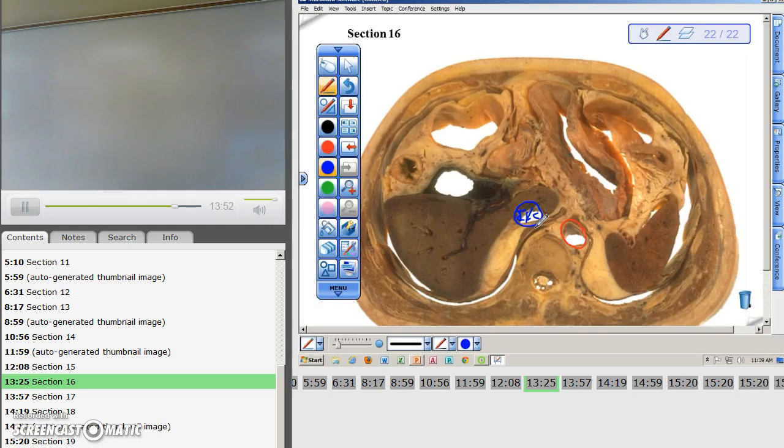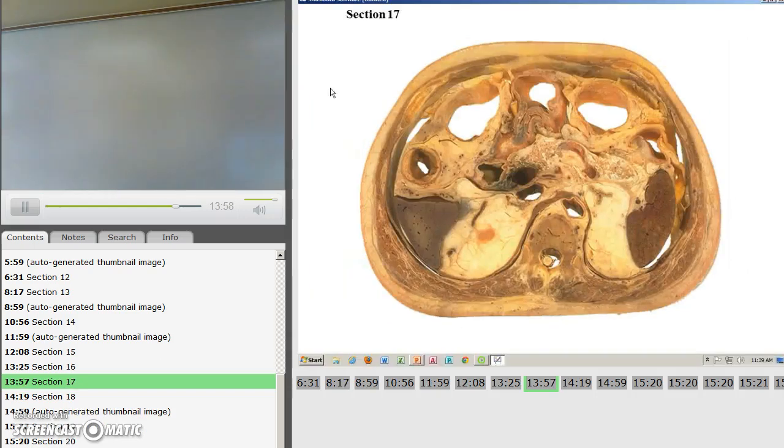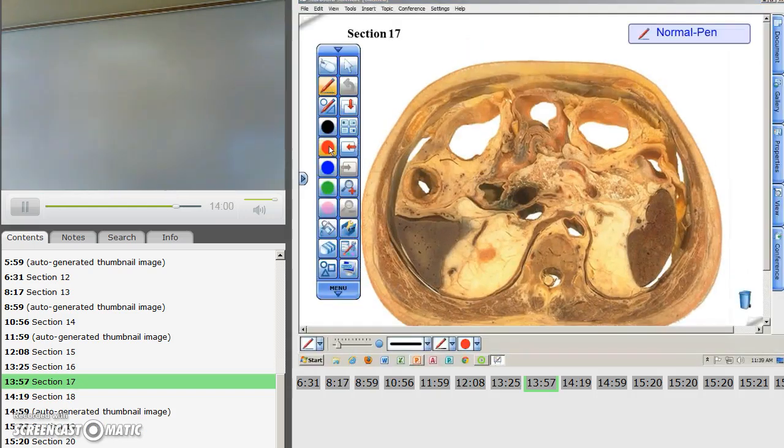Okay. Now then, section 17. What's that? Descending aorta. What's this right here? Inferior vena cava again. So we're doing well.